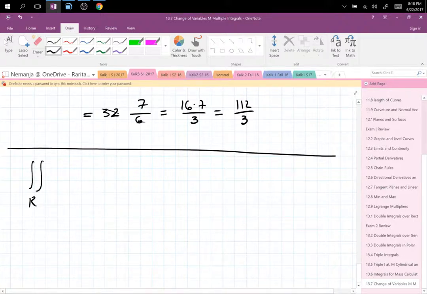We have a region R, integral x squared square root of x plus 2y dA.